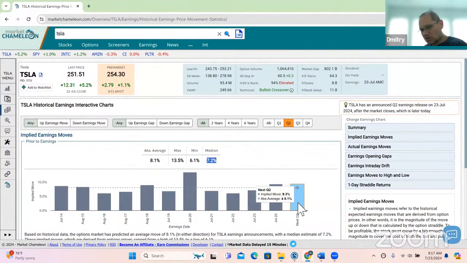So that looks kind of within that historical range, right? It's not all the way up here or all the way down below. This is within the range, above the average.